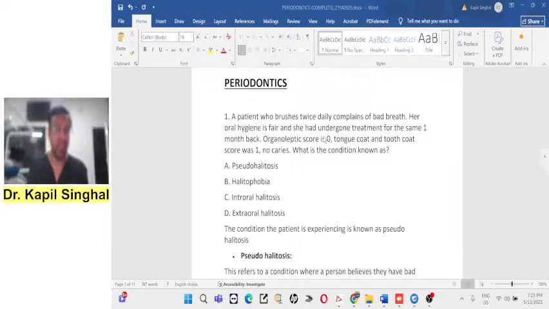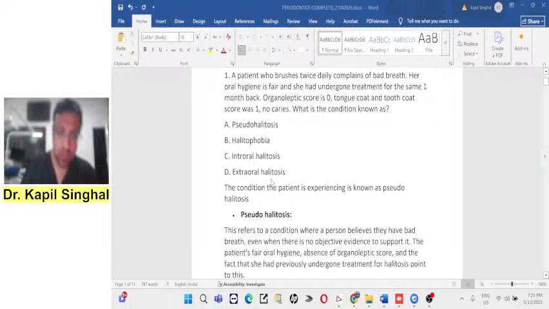Now to differentiate between pseudohalitosis and halitophobia, you need to see if the options mention fear and points like this, then it becomes halitophobia. But here, when the organoleptic score is 0 and still the patient believes that some bad breath is coming, that is pseudohalitosis.